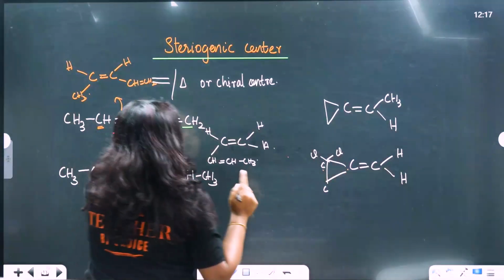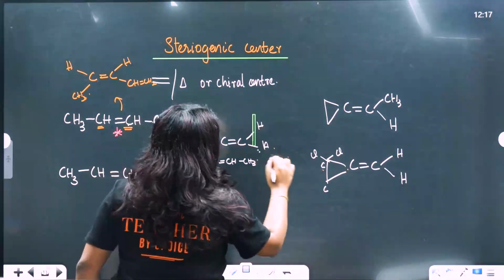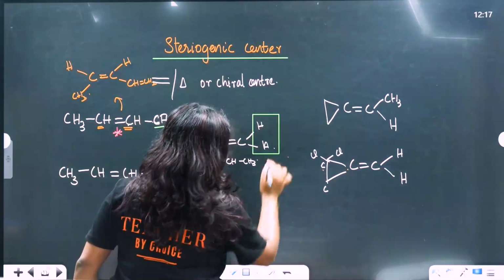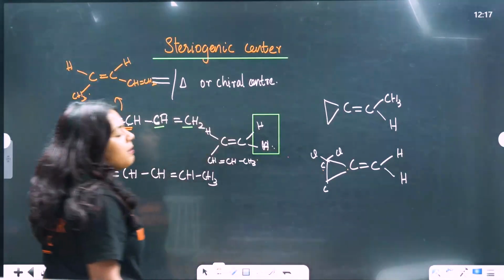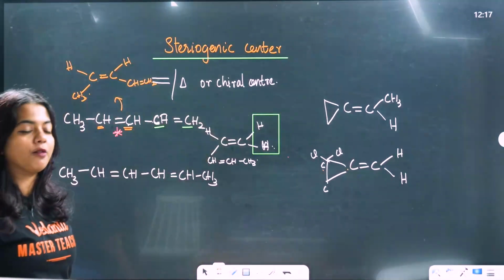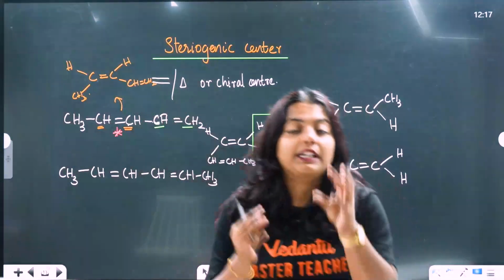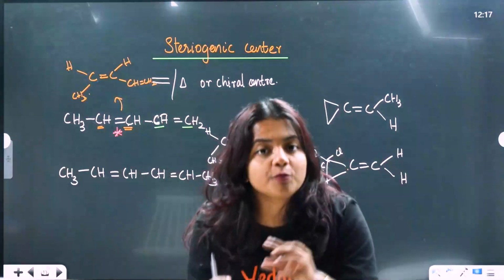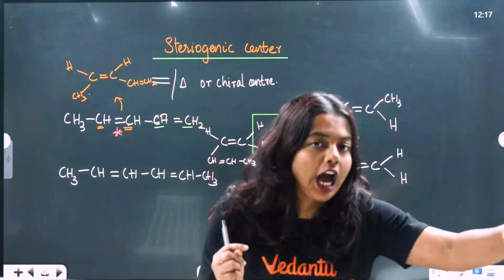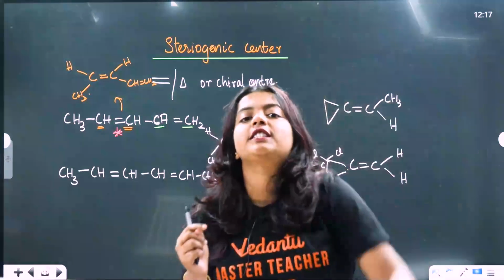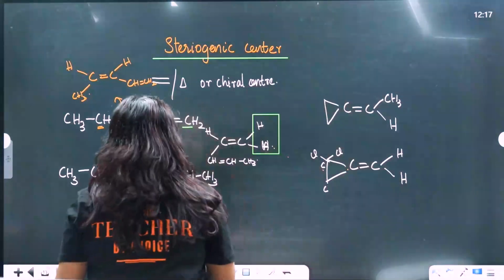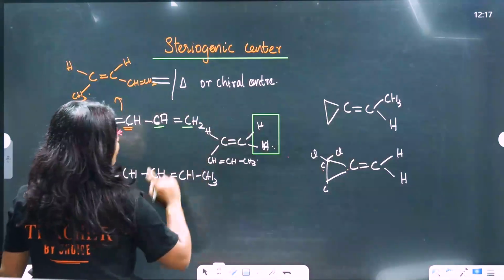So now what happens, you can see here there is the same hydrogen atom, right? Same hydrogen atom. Whenever there is the same hydrogen atom or the same atoms on the same carbon, that is, two atoms on one carbon, two valencies already went to the other carbon, and if the other two valencies are the same atom, then they are not considered a stereogenic center.